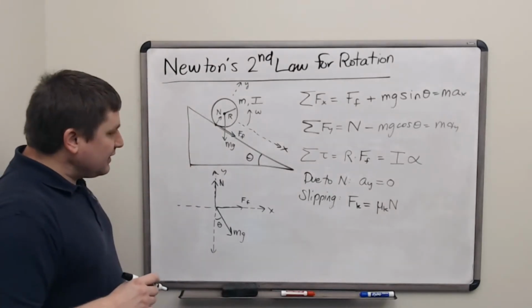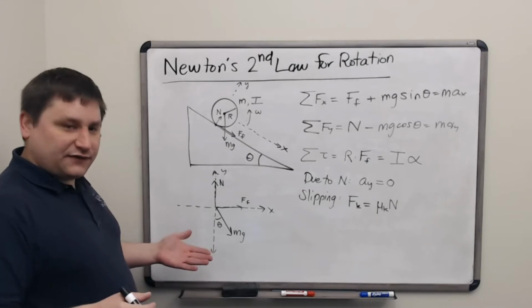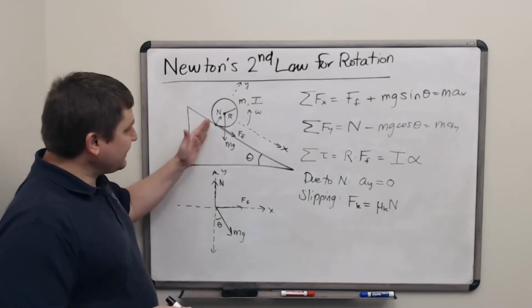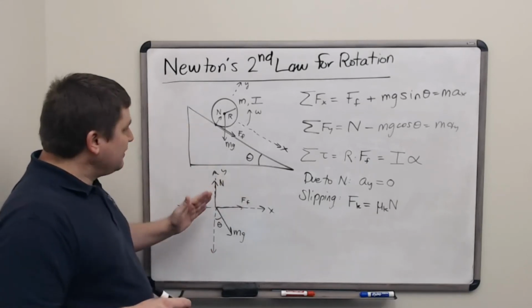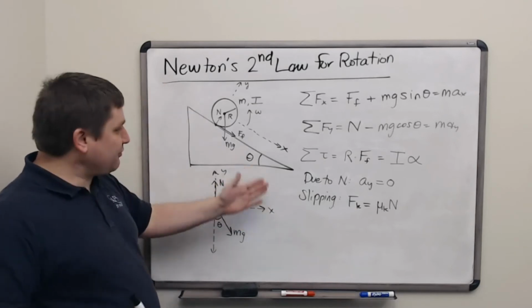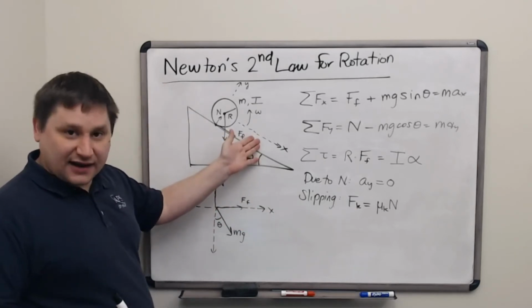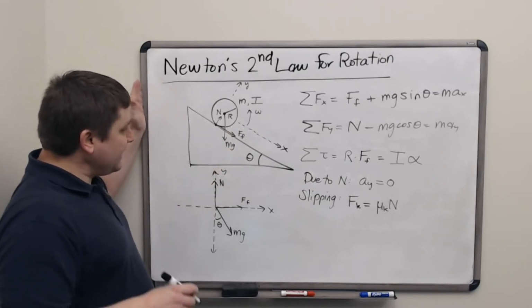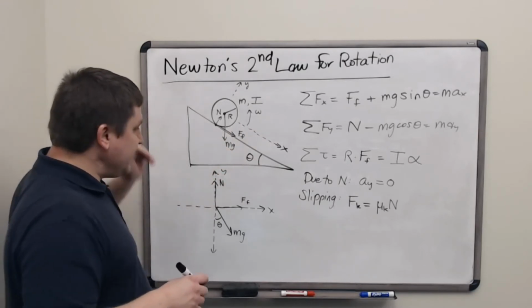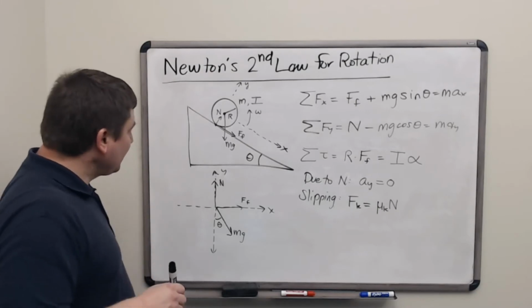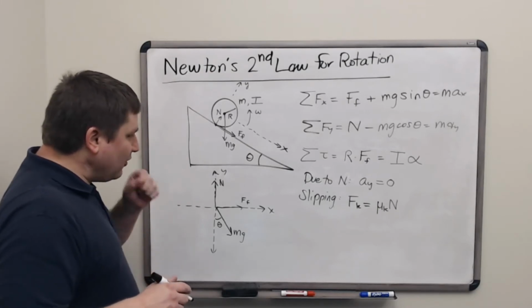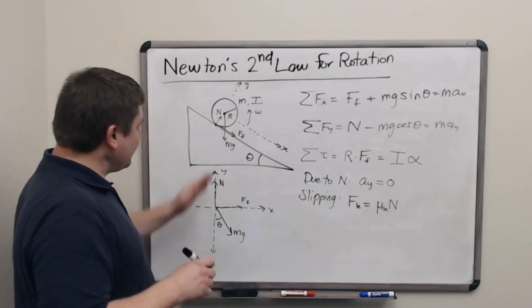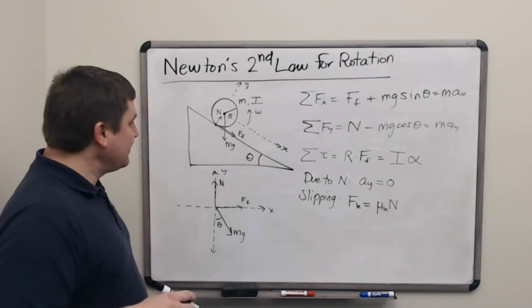And the direction for the force of friction depends on whether the object is moving down the ramp or up the ramp. So moving down the ramp would produce a positive x component of velocity. Moving up the ramp would make the x component of the velocity negative. But that's not the only thing that's going on here, because this object is also rotating.